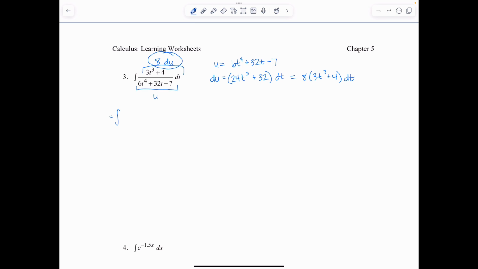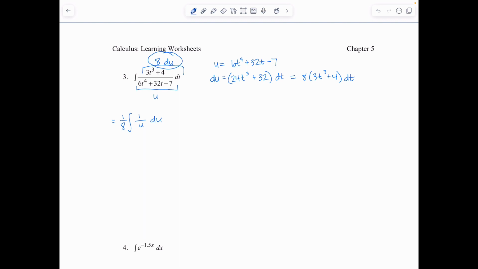This is going to be rewritten as 1/8, dividing that 8 out, and we have 1 over u du, because remember, we have 8 times the 3t cubed plus 4, 8 du. We really only need 1 du. So we're dividing the 8 out.